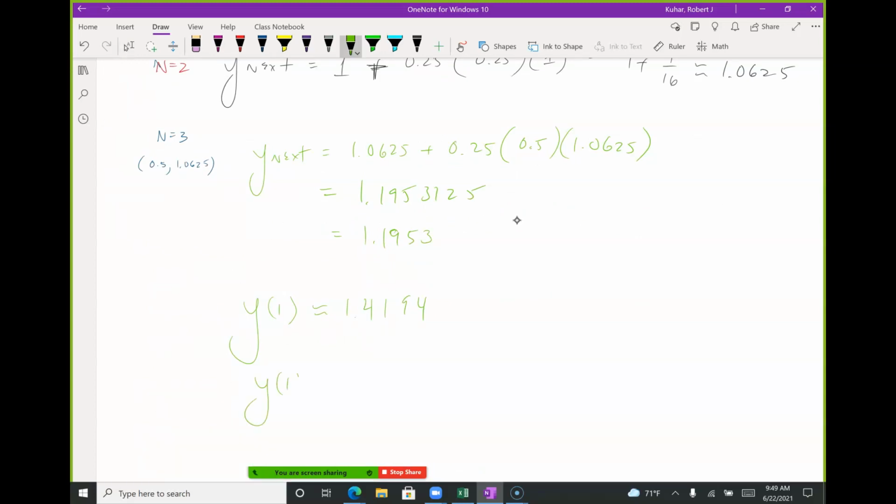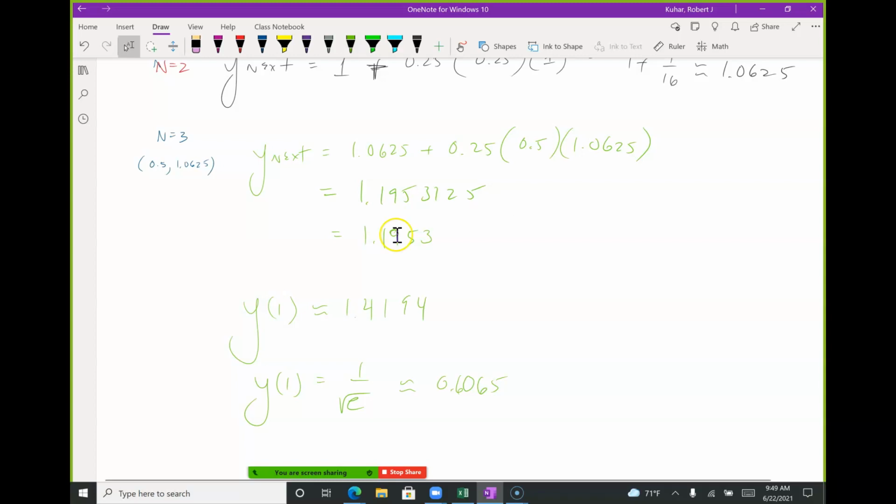And what did I get for y of 1? I got 1 over square root of e, which was 0.6065. Now, not very good, but four partitions.